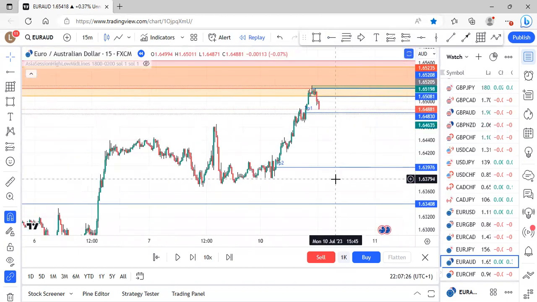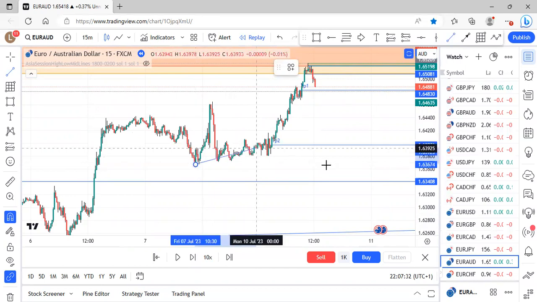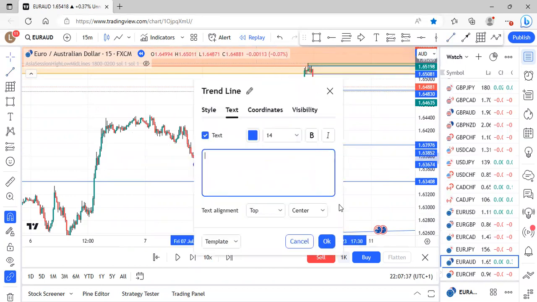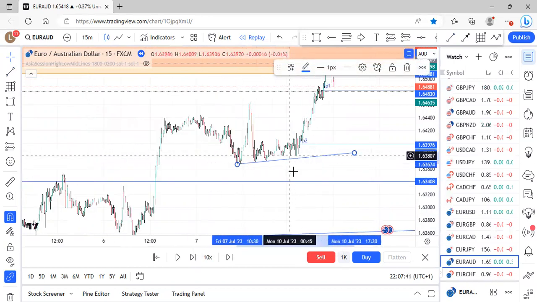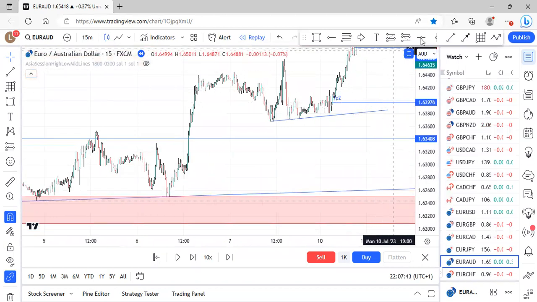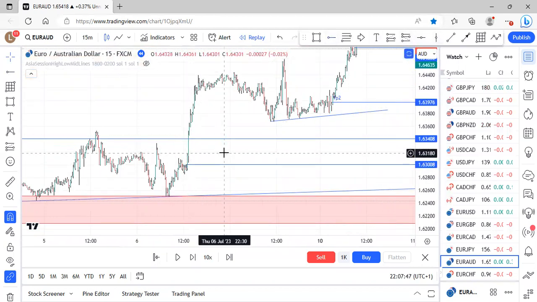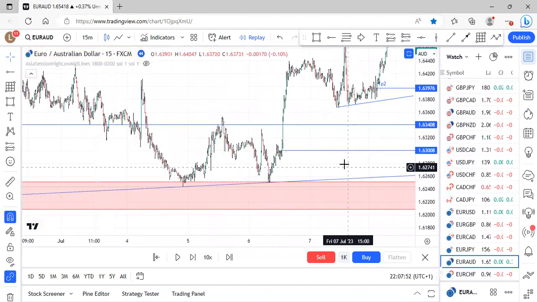Two. Three on there. Maybe we could take some over here. Here. Trend line here.